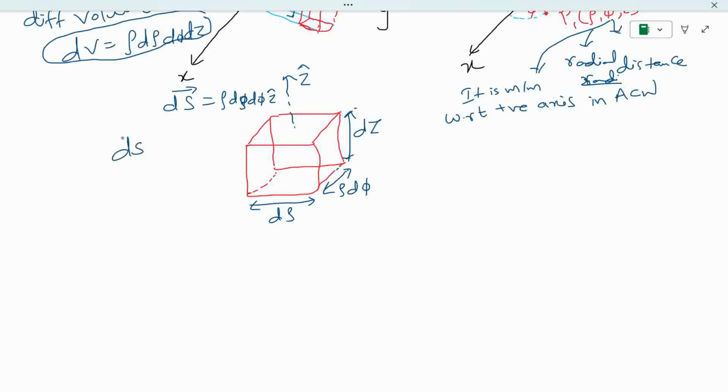And along the phi cap direction, we have to consider dz and d rho.